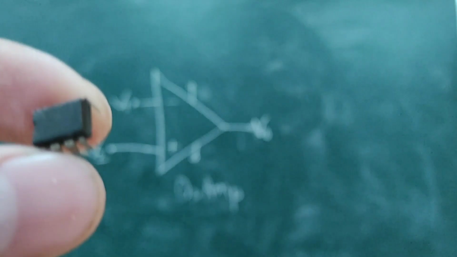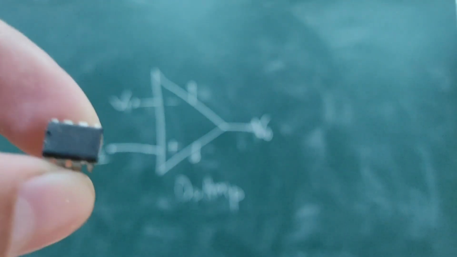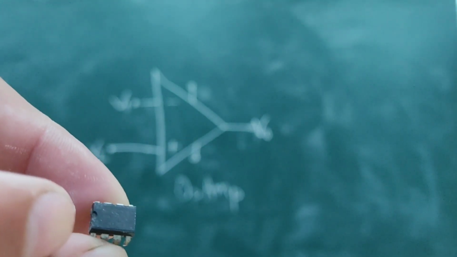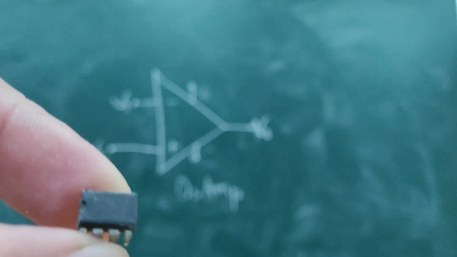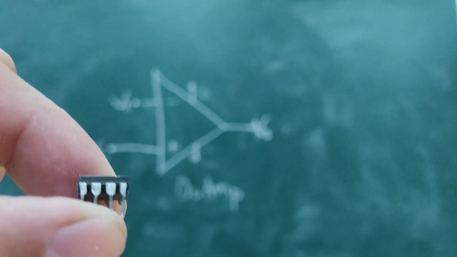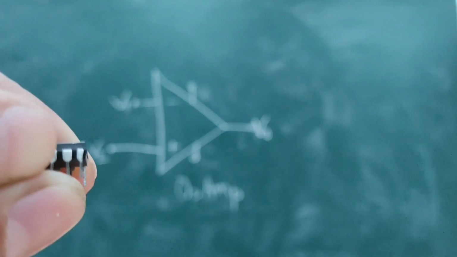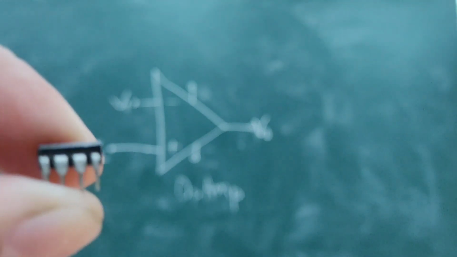At first, to read the IC's leg numbers, you have to hold this IC like this. That is, this dug semicircular area must be on your left-hand side. After that, you will start counting. So this leg is leg number 1, leg 2, leg 3, and the last leg is leg 4.